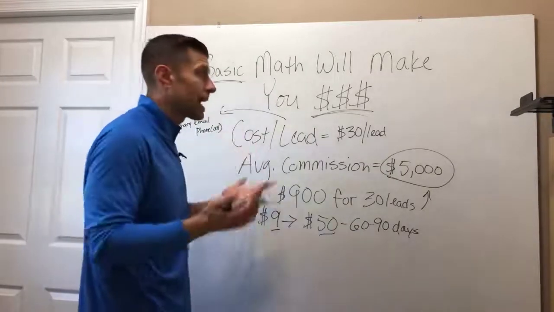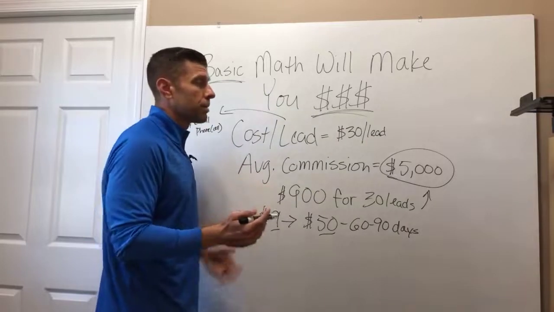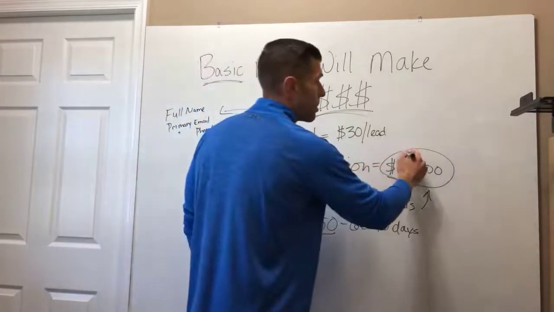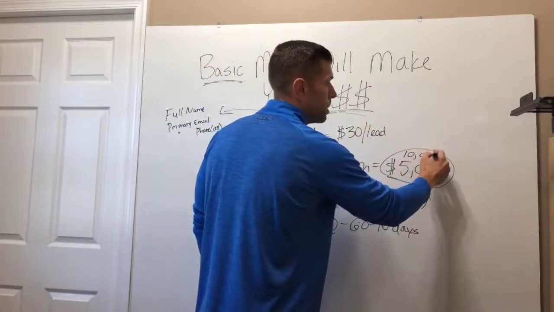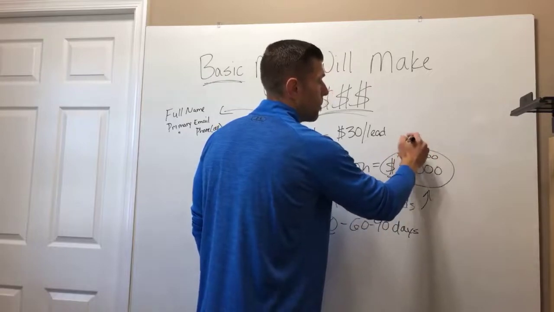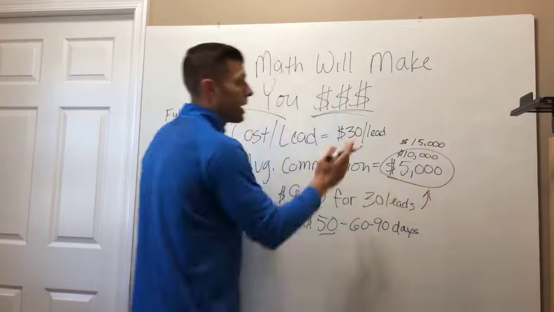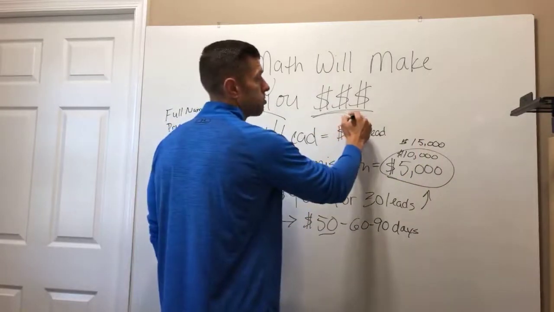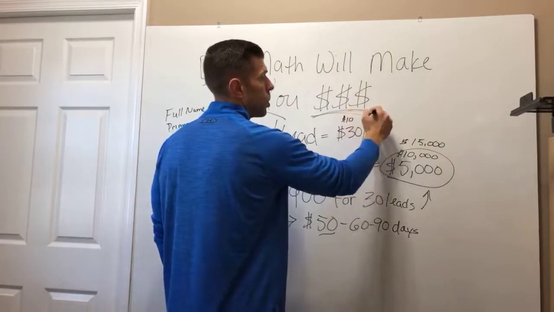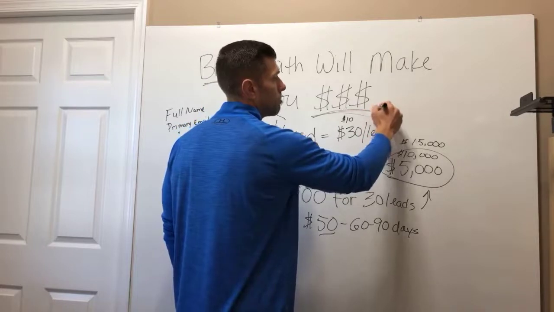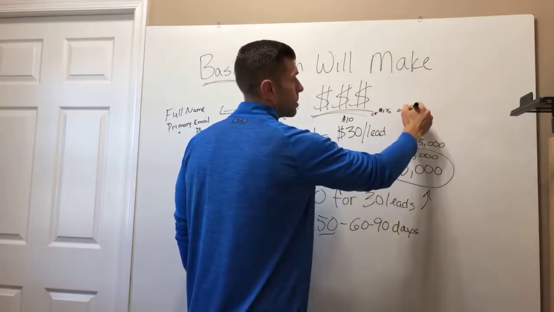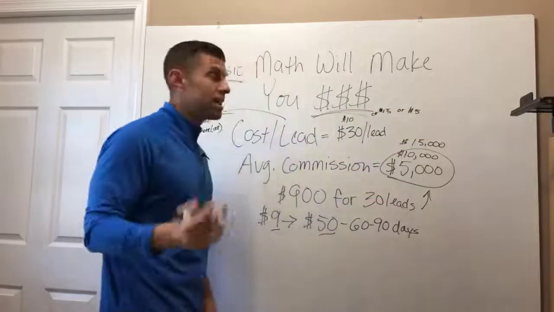Now, the reality is, again, these numbers are extremely conservative. If your average commission was $10,000, imagine what it would look like for you. What if it was $15,000? Right? What if your cost per lead was $10 or $15 or $5? You can see how crazy this gets.